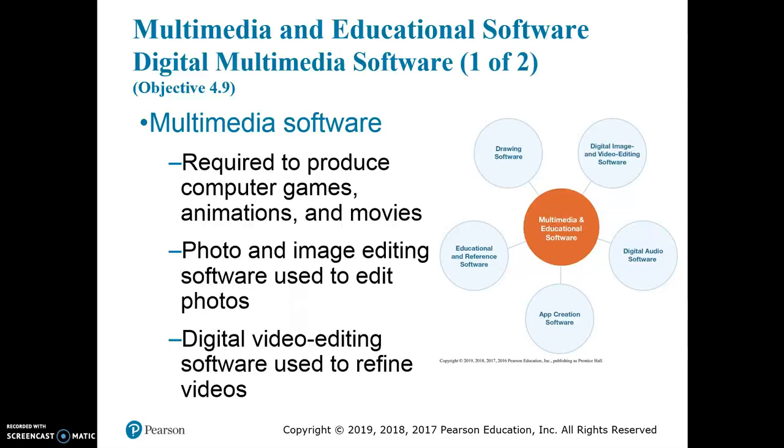Anything from Photoshop, which is pretty expensive, to, I'm trying to think of the name of the Google one, Picasa. Okay, so that's also photo editing software, which is totally free. It just depends what level you want to take it to. Okay, and the same thing with the digital video editing software. You can go really high end, or you can even go free, just depending on what your needs are.